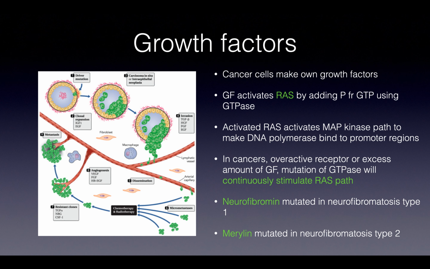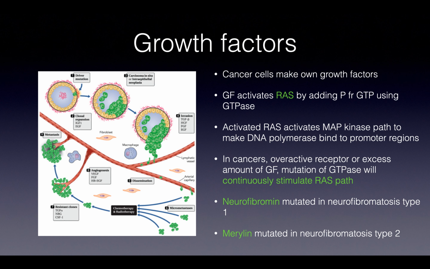So the cancer cells are pretty nefarious because they make their own growth factors. On one hand, they make all of the RAS proteins that aren't going to be activated by growth factors, or they make their own growth factor, so it will stimulate the normal RAS proteins.